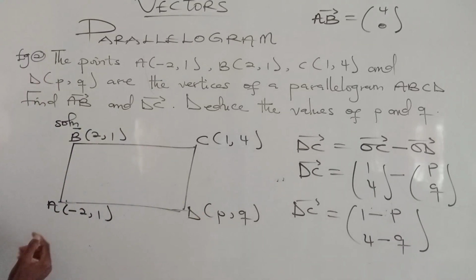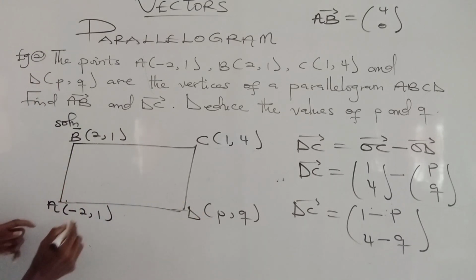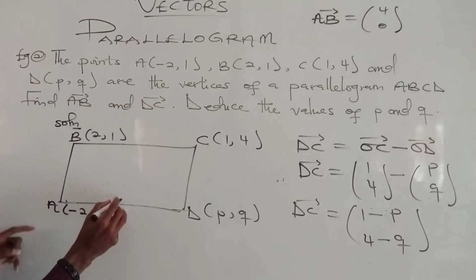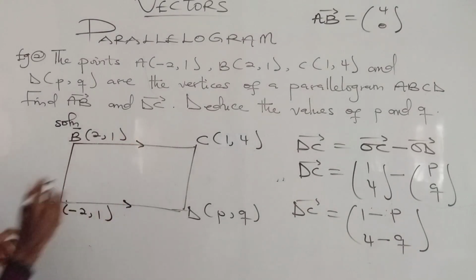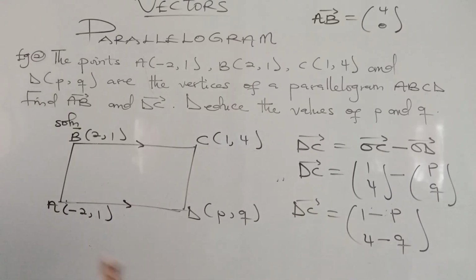Now from the parallelogram that we've drawn here, I hope you can all agree with me that the vector AD is equal to the vector BC, or someone can say DA.